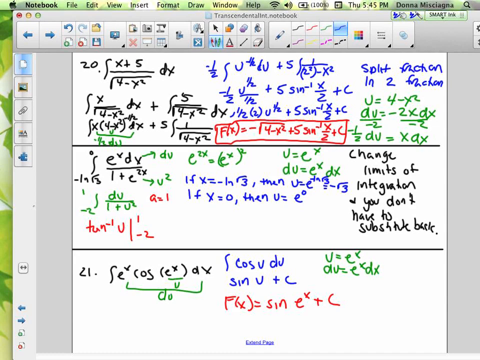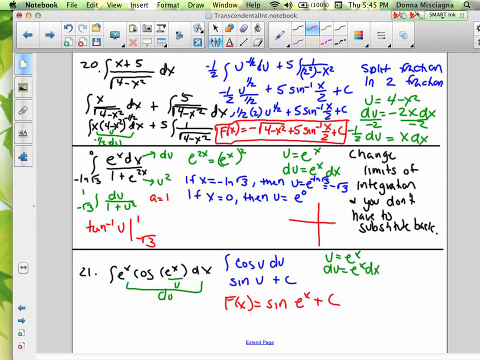And the rest is fine. So now we have a much nicer number that we could actually evaluate.